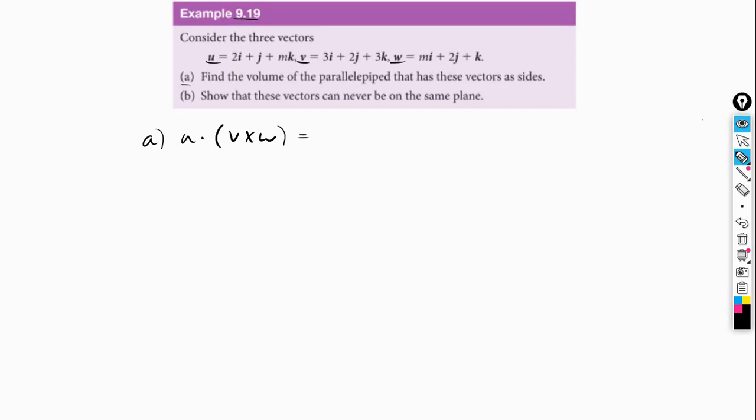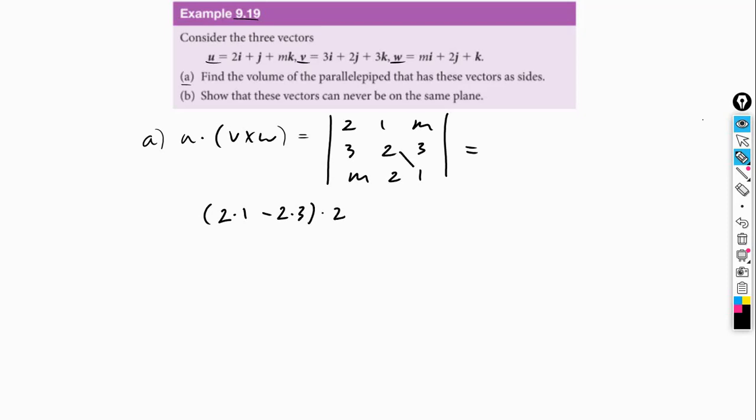Which is the determinant that would be made up of the components of u, which are 2, 1, and m, the components of v, which are 3, 2, and 3, and the components of w, which are m, 2, and 1. And then we just do the determinant, right? So this would be 2 times 1 minus 2 times 3, and this times 2, right?